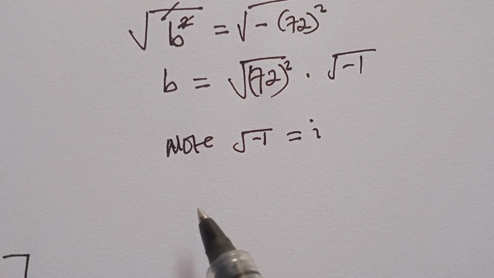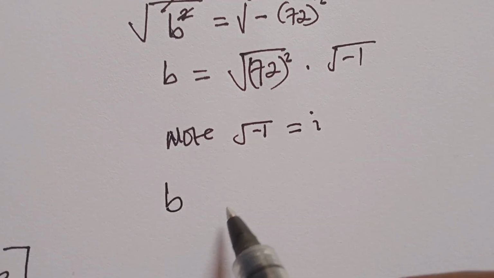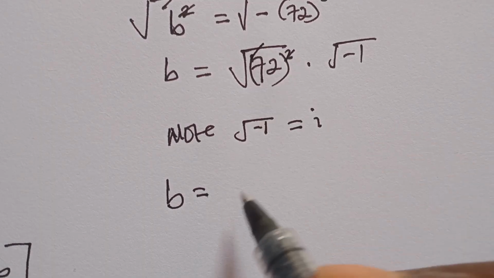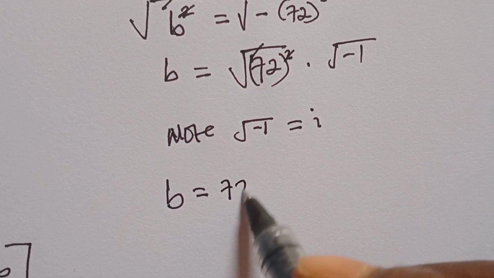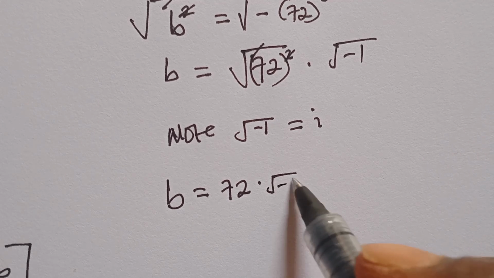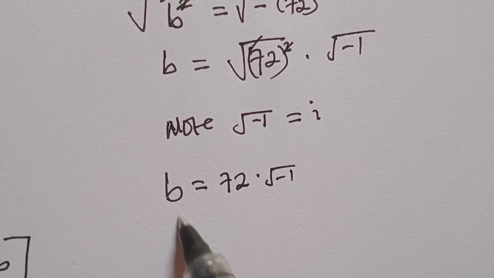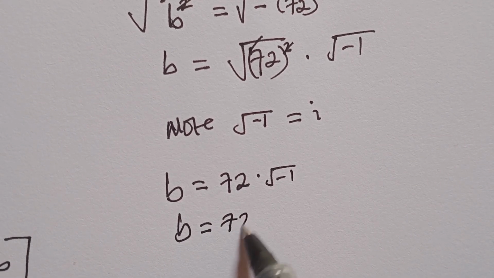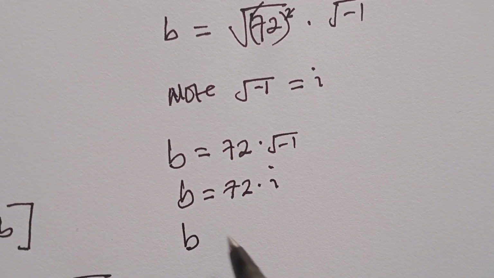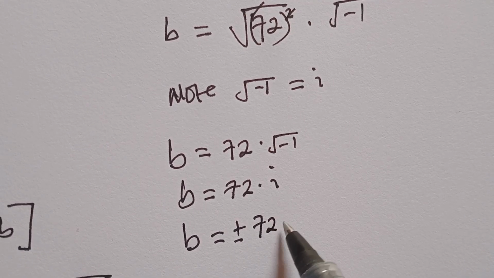So the square has cancelled out the square root, and we are left with 72 multiplied by i. Therefore, the final answer for b is 72i.